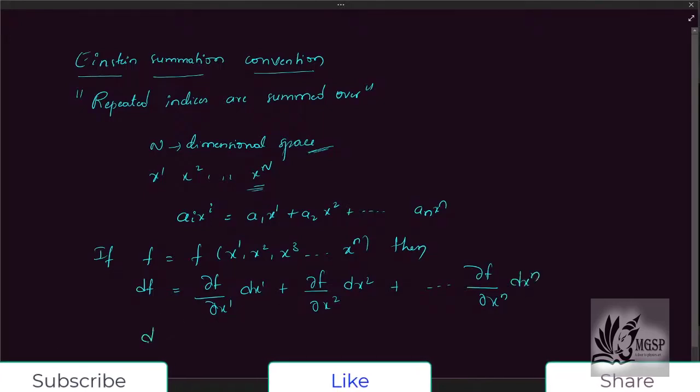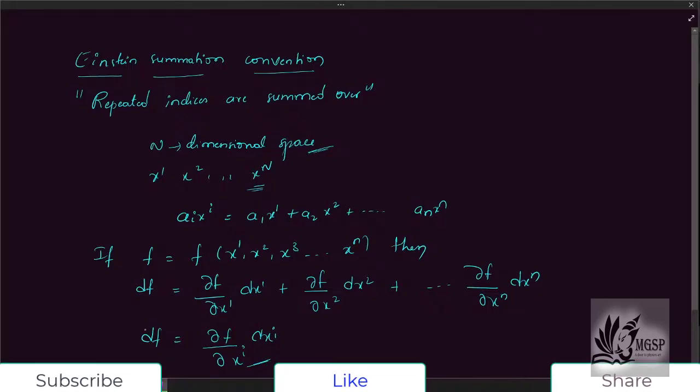So in general we can write df is equal to dou f divided by dou xi into dxi. This is for a particular index; we will write this expression. Let's see some more examples.